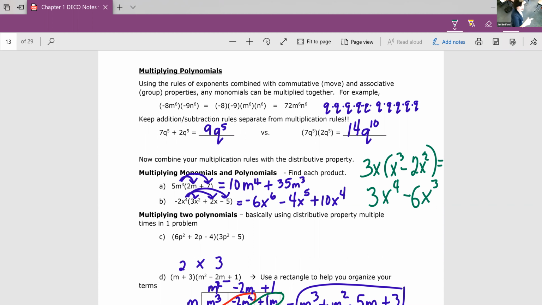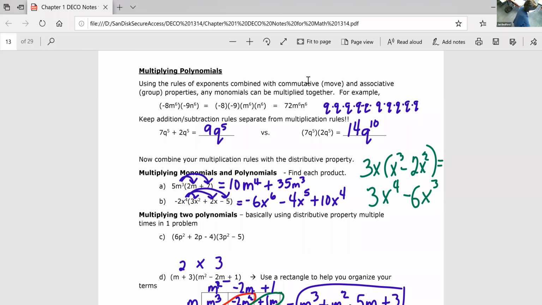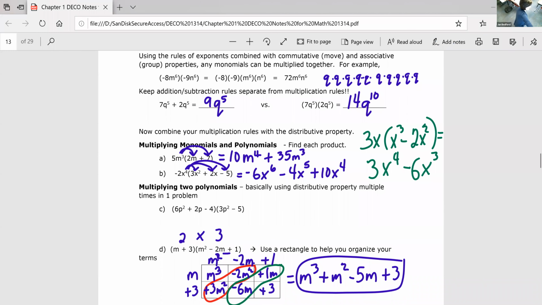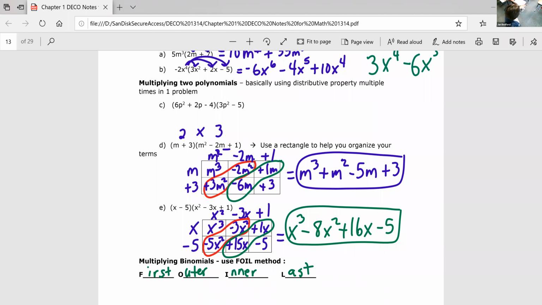Okay, so then we talked about if we have polynomial times polynomial, and we looked specifically at a binomial times a trinomial. We said we could use this little rectangle or box method. And the way we did that is we counted up how many terms we had for each factor. Factors can be what's inside of parentheses.